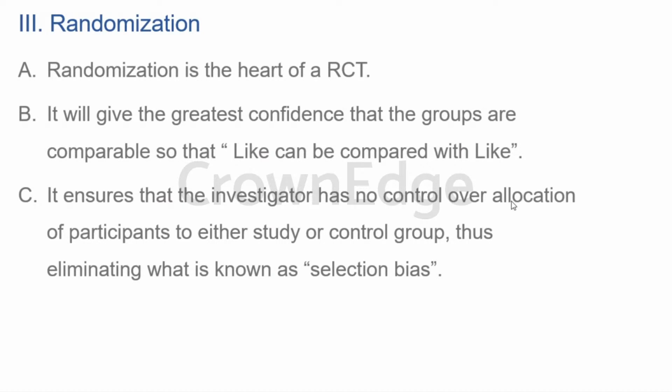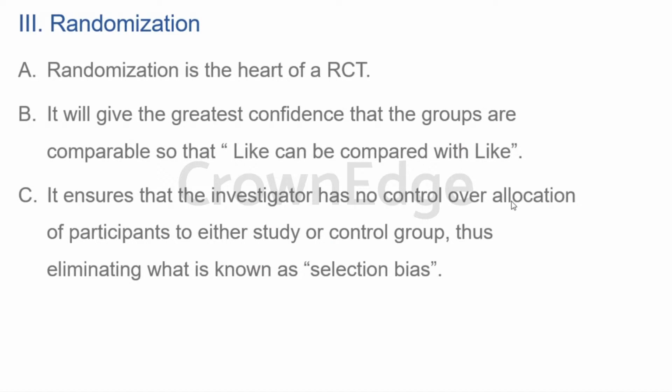It will give the greatest confidence that the groups are comparable so that like can be compared with like. Meaning, of all the study participants, you as an investigator cannot choose which person goes into the study group and which person goes into the control group.